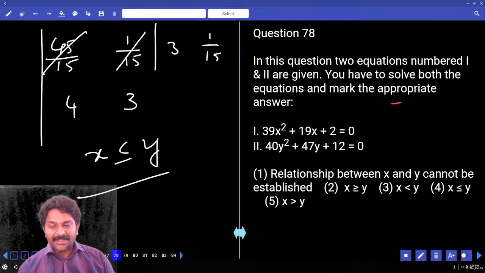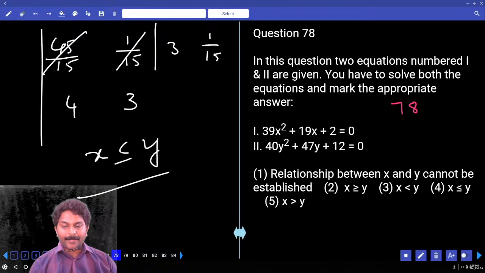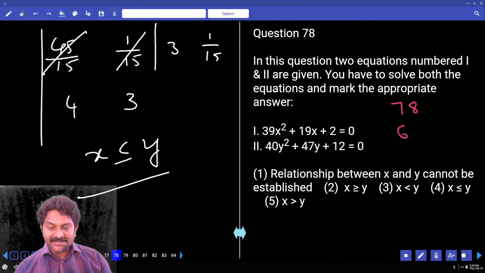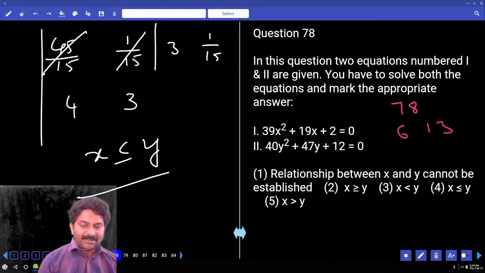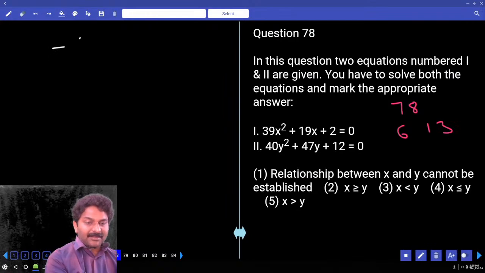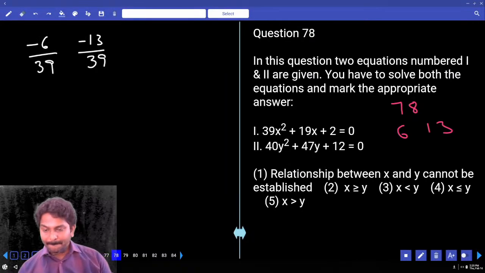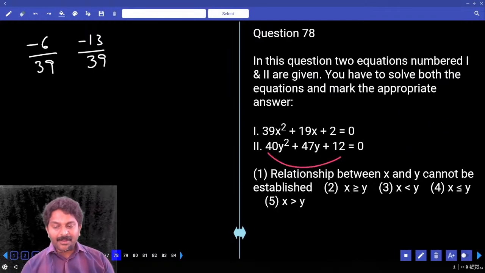Product must be 78. So we can write it as 6 times 13, plus 6 plus 13 combination. Factors are minus 6 minus 13 divided by 39. How much is the product? 840.